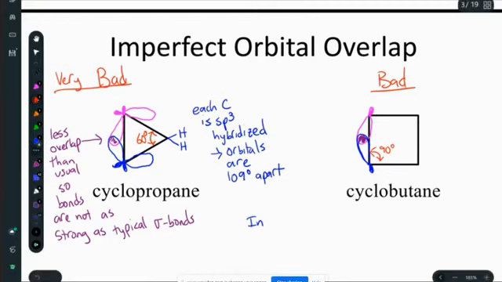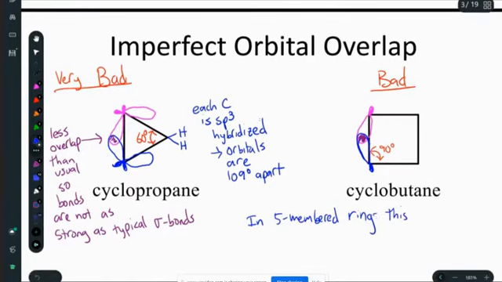In five-membered rings, this effect is going to be really small because in a five-membered ring, the bond angles get closer to 109 degrees. Not quite 109 degrees, but in five-membered rings, this effect is small. When you get to six-membered rings, you can get perfectly 109.5 degree bond angles, so it works out fine.